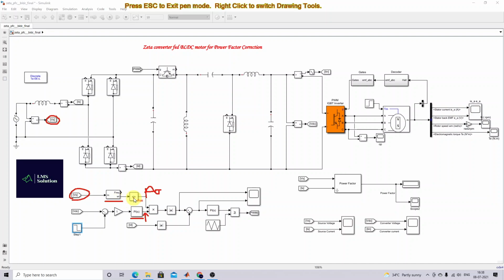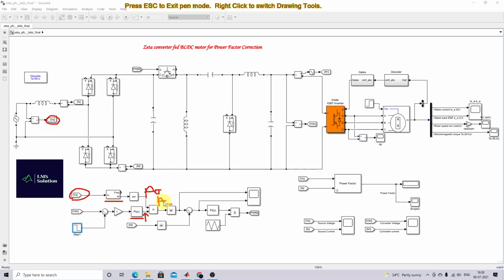That omega t is processed via a sine block, so here you get the sinusoidal waveform. The sinusoidal waveform is multiplied with the controlled output from the PI controller, that means the current reference magnitude. So here you get the current reference as a sinusoid.